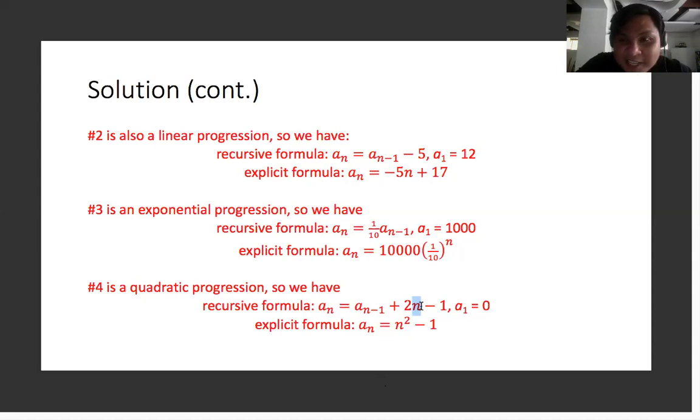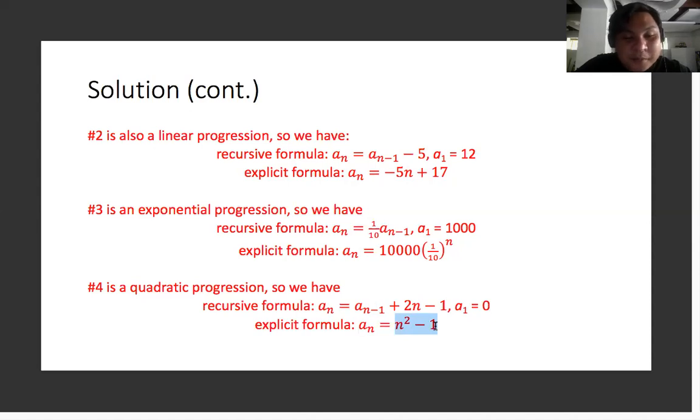It seems like its recursive formula is a combination of a recursive formula and an explicit formula. However, this one is still classified as a recursive formula because it alludes to the previous term, a sub n minus 1. Its explicit formula is actually surprisingly much shorter. A sub n is equal to n squared minus 1.